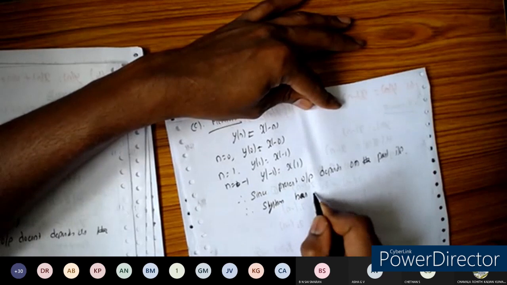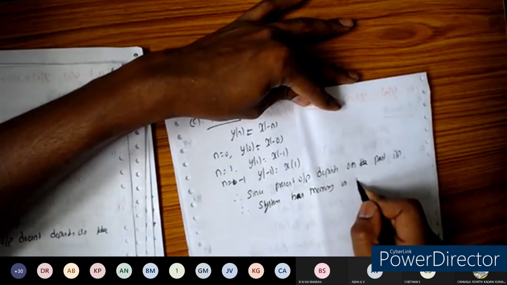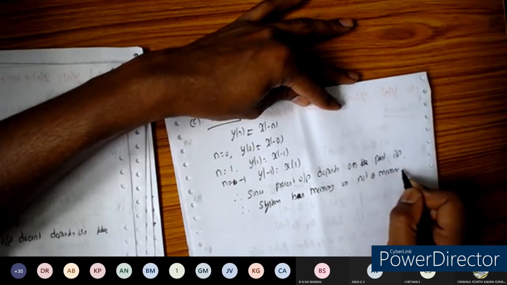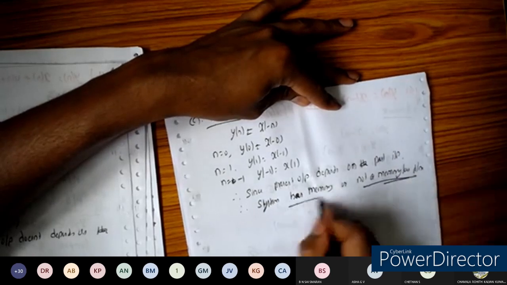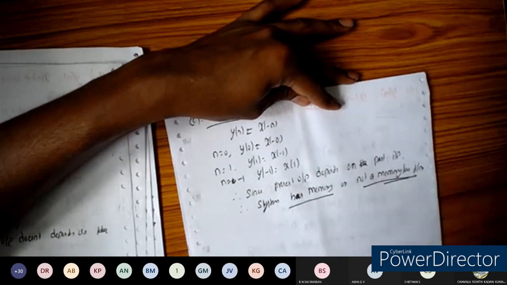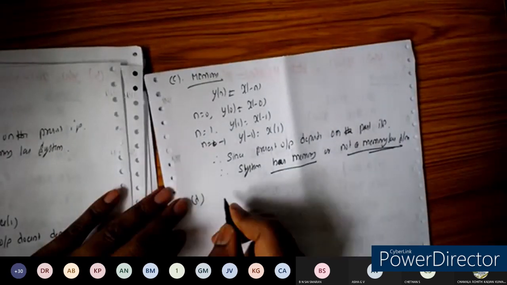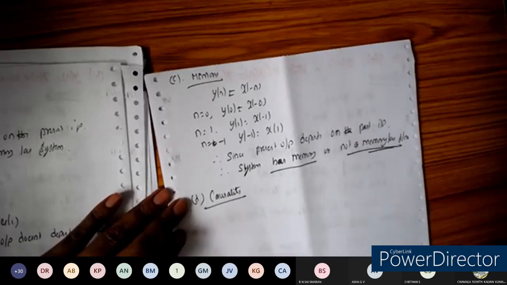We can say it has memory, or else we can say it is not a memoryless system. Both are one and the same. It has memory or not a memoryless system.